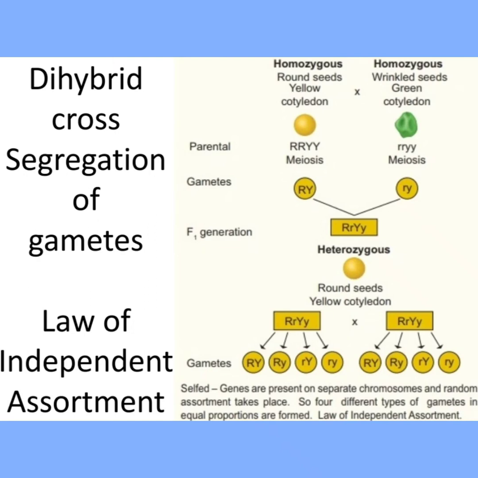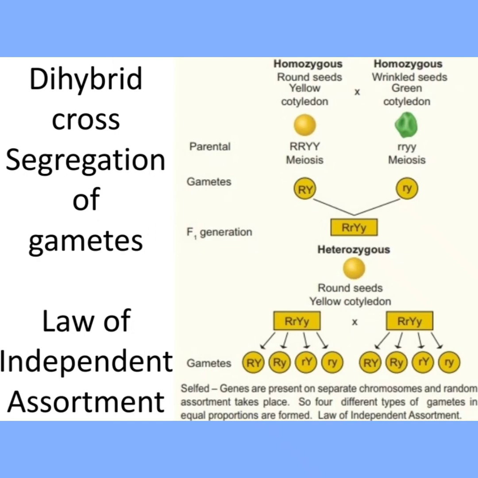When they undergo meiosis, the dominant parent produces the gametes capital R, capital Y, and the recessive parent gives a gamete small r, small y. When they fuse together by fertilization, they form in the F1 generation a heterozygous plant, capital R, small r, capital Y, small y, which has the dominant characters capital R and capital Y. Hence, the seeds are round and they have yellow cotyledons.